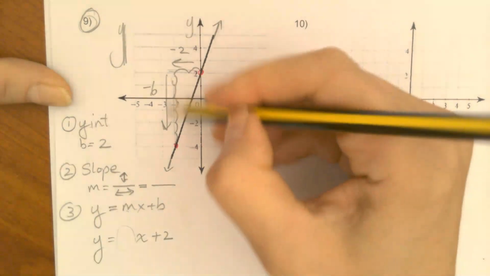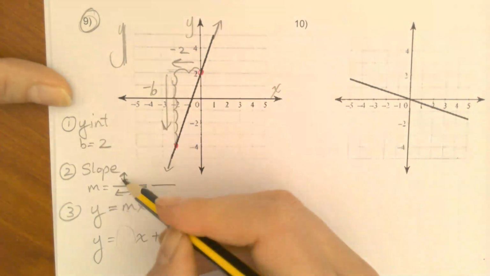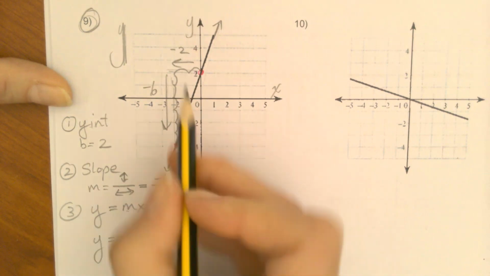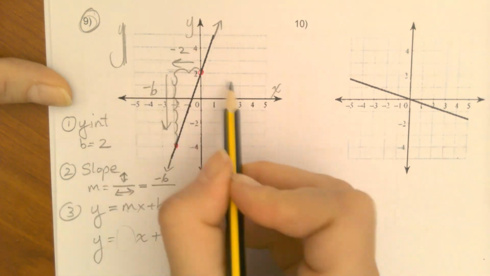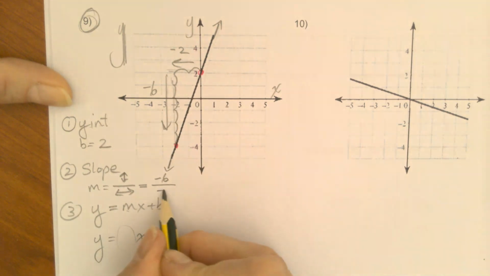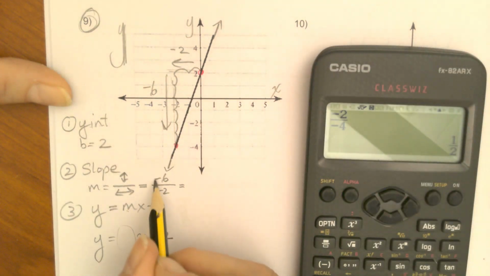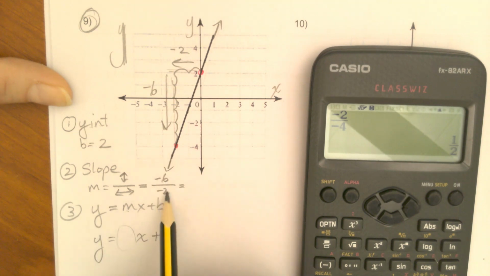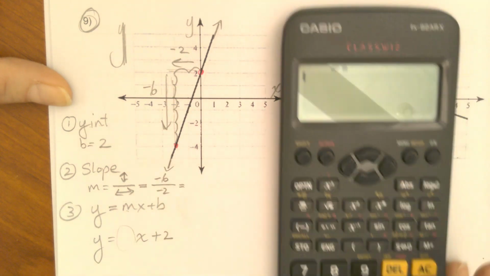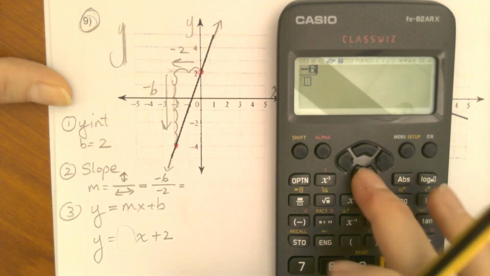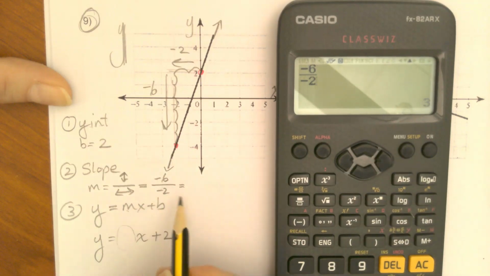So because we're doing the up down is 6, and left and right, that's x, the change in x, that's negative 2. We know that negative divided by negative, it's going to be positive. They both look like they can be divided by 2, so let's check. Negative 6 over negative 2. Yep, it's 3.